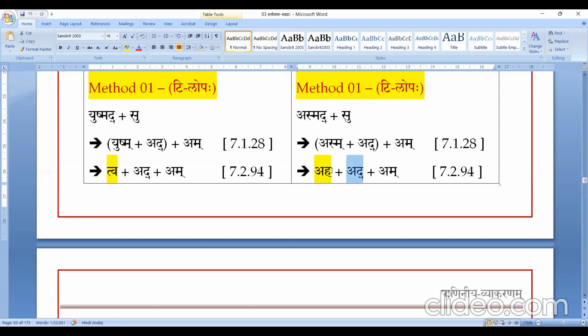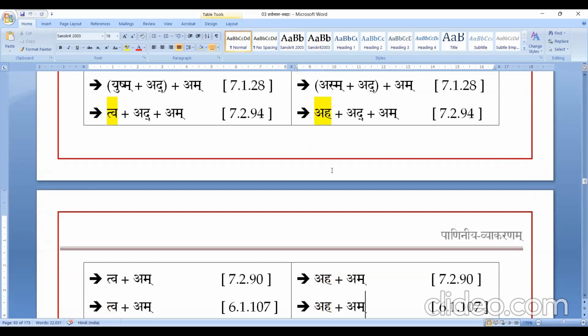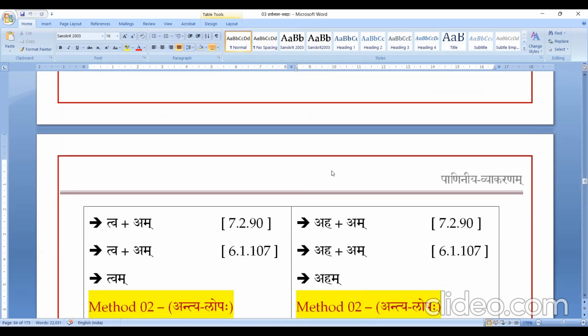Both are T Lopaha. This is method 1. Method 2 will come later. T Lopaha, Ad becomes Lopaha, then Amipurvaha, you get Aham. Taking the pakSha T Lopaha, T becomes Lopaha, then you get Aha plus Am, Amipurvaha, Aham.